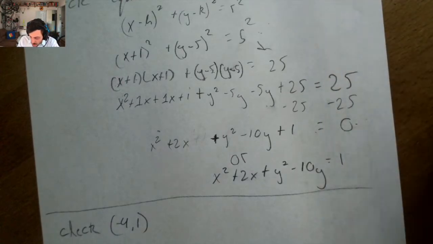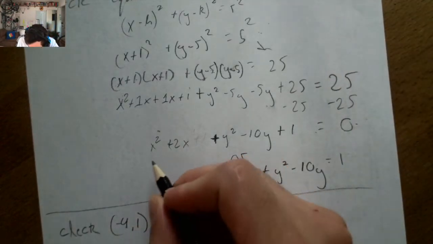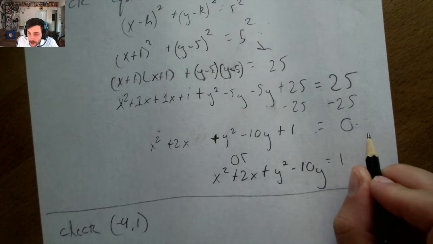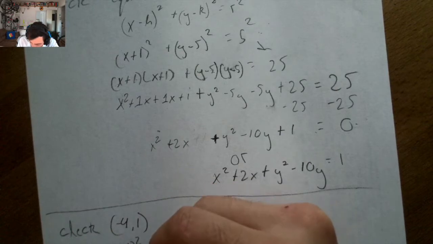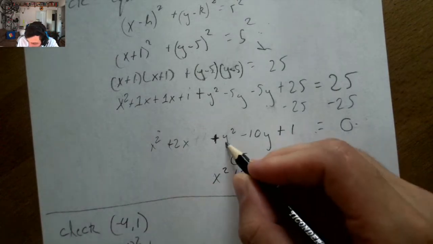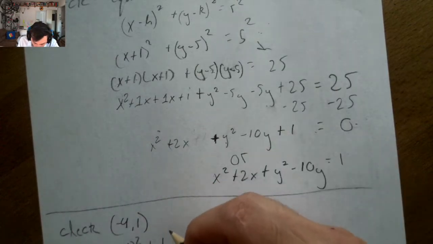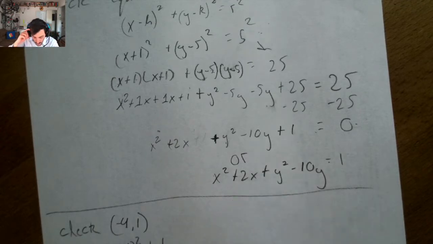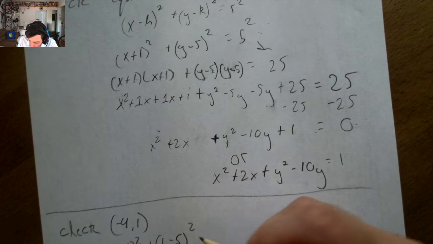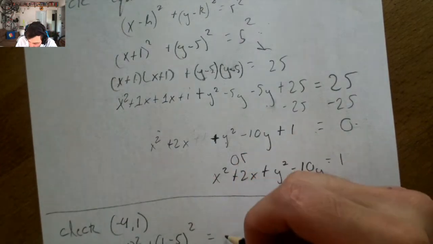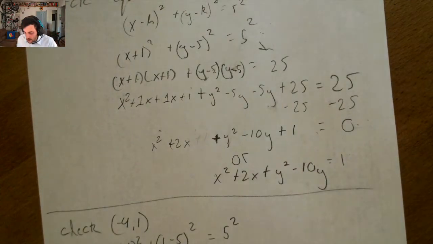So let's try this. Following this little line here, we do negative 4 plus 1 squared plus 1 minus 5 squared equal to 5 squared.